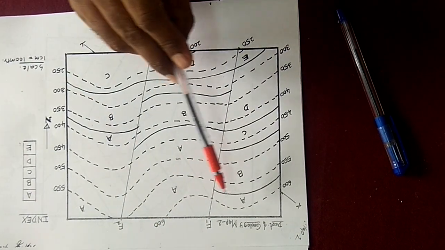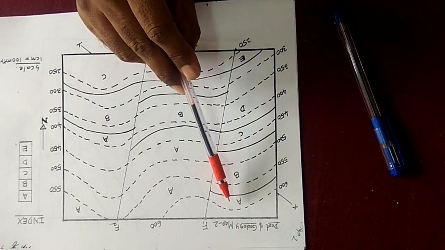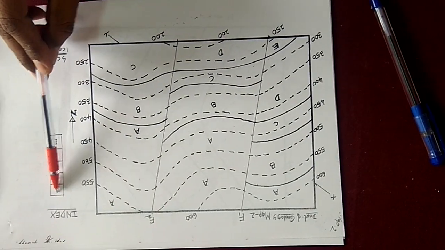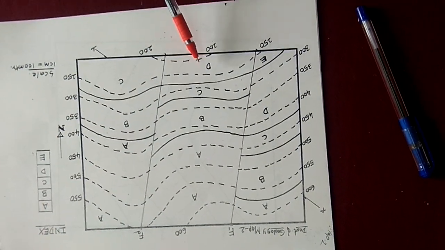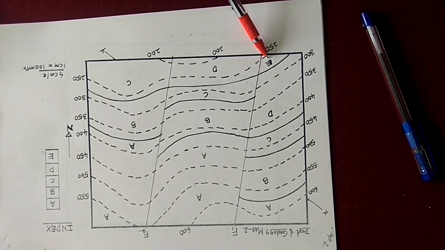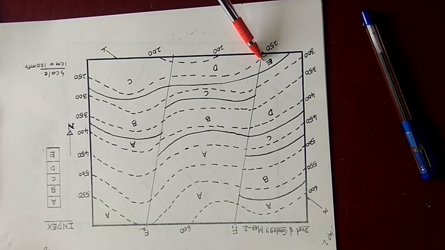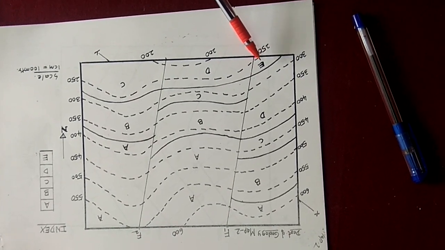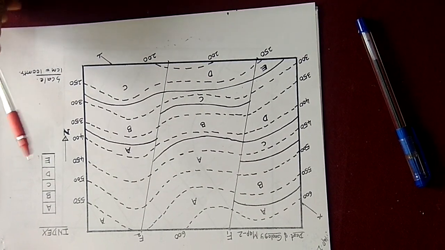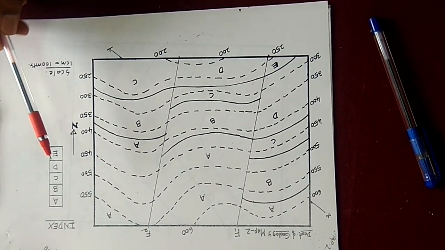And here A is situated at a 600 meter height from the mean sea level, hence it is the youngest. And E, which is situated below D, is the oldest because it is deposited at 250 meters. Okay, and one more feature we are observing here.